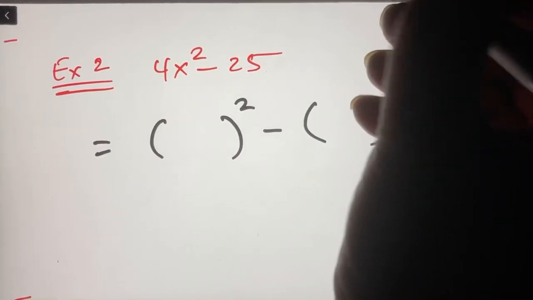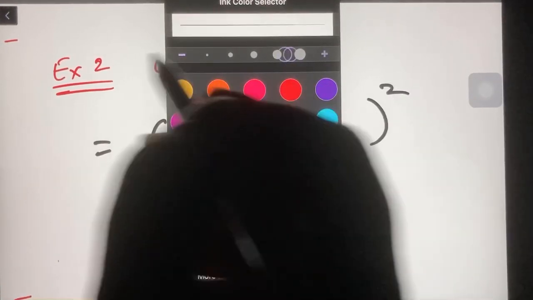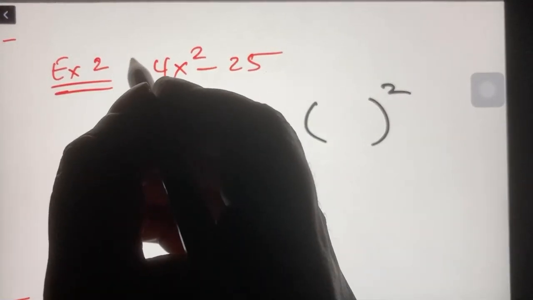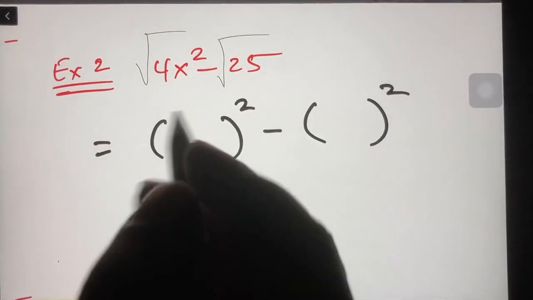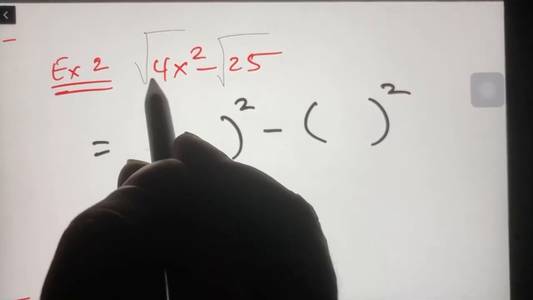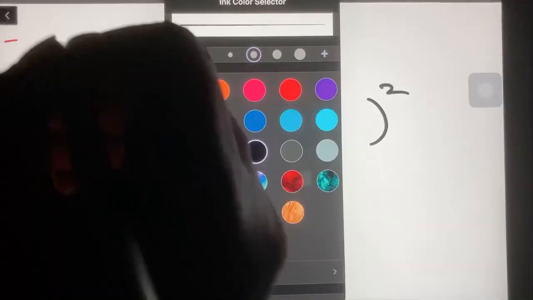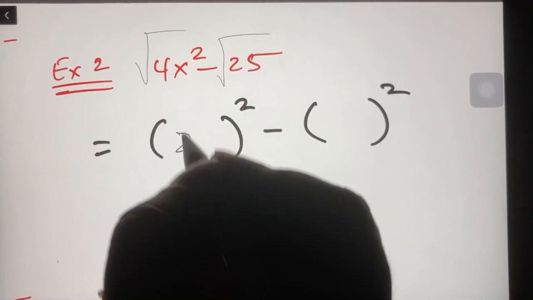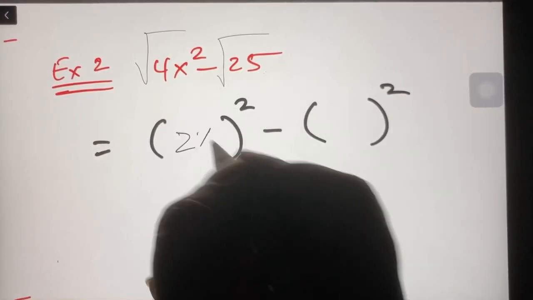Now what should I put here? Sometimes some students use this notation. What they do is take the square root of both terms. So you can also do that. The square root of 4 is 2, and the square root of x square is just x, so just 2x.